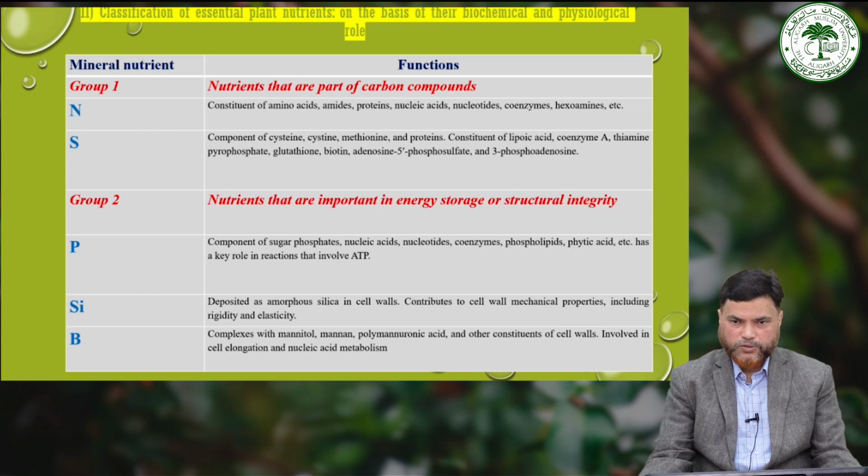In this table you see that the classification of plant nutrients could be categorized into 4 different major groups based on their physiological roles and biochemical functions. In group 1 there are only 2 essential nutrients, nitrogen and sulfur.